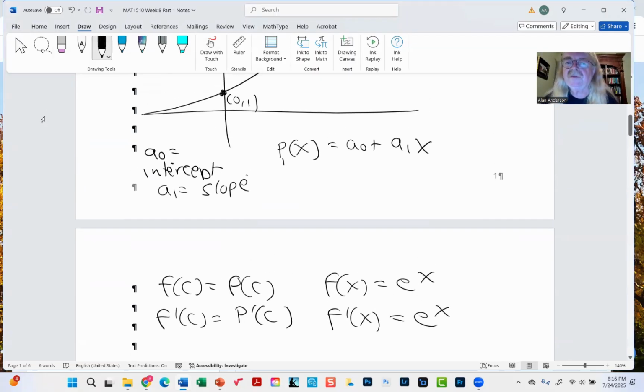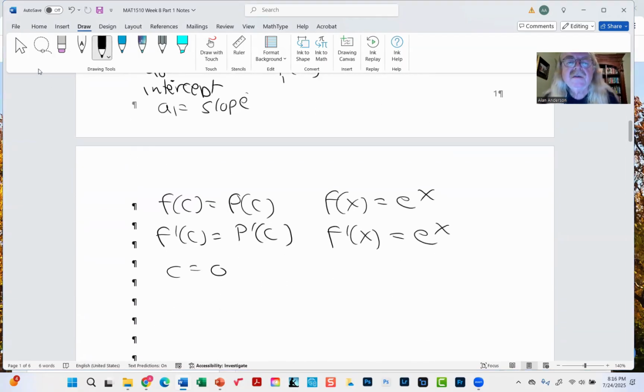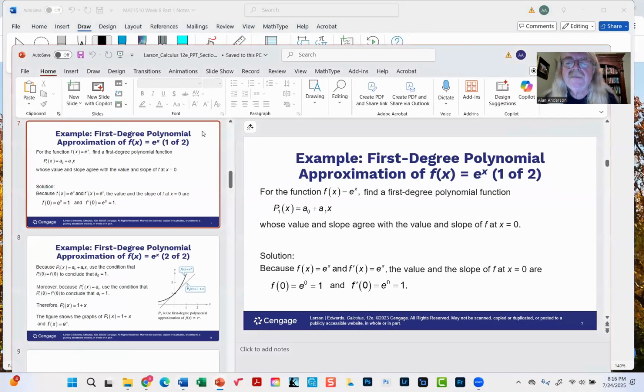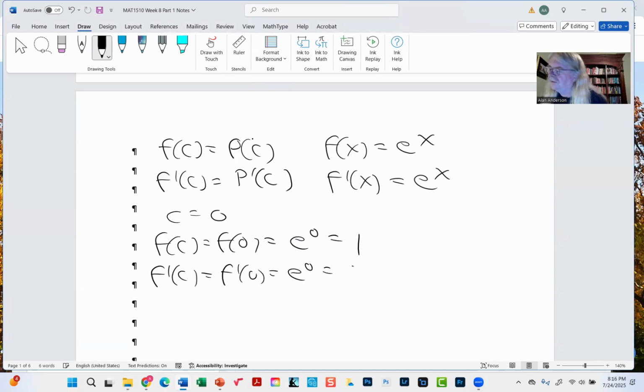And c, the point that we're looking for, is 0. Right? So then we know that f of 0 is 1. And then f prime of c, or f prime of 0, is also, of course, 1. Great.